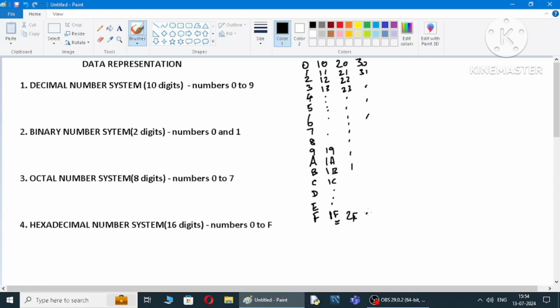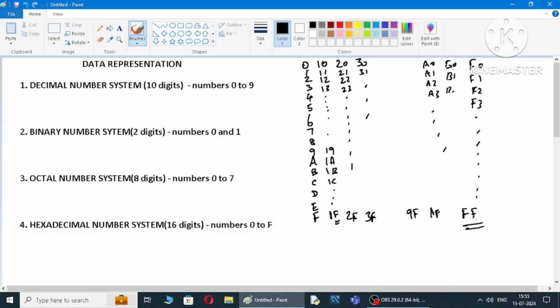Then 30, 31 up to 3F, and at one point we will have FF. Now at one point you will have 9F, then comes A0, A1, A2, A3 up to AF, then B0, B1, B2, B3. At one point we will have F0, F1, F2, F3 and so on up to FF.